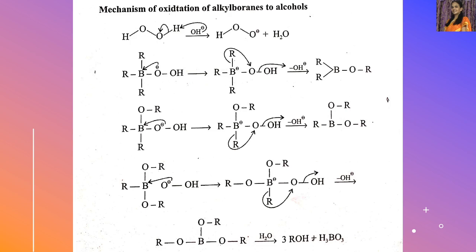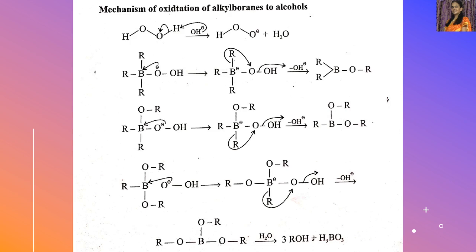From this hydrogen peroxide, one proton is abstracted by the base. Thus, water is eliminated, OH minus and H plus in the form of water. The rest of the part, that is a negative ion, is left behind. Let us see where this negative ion goes.